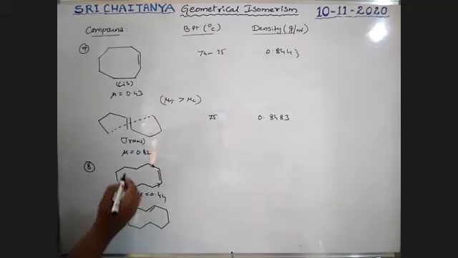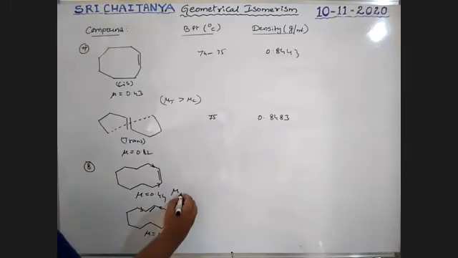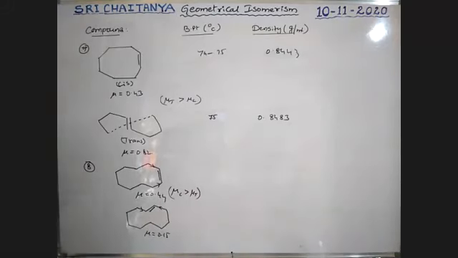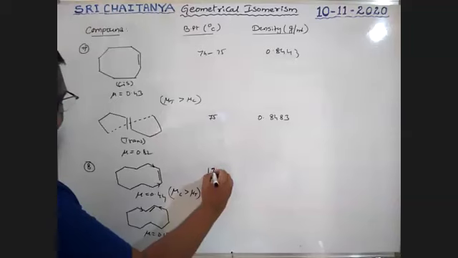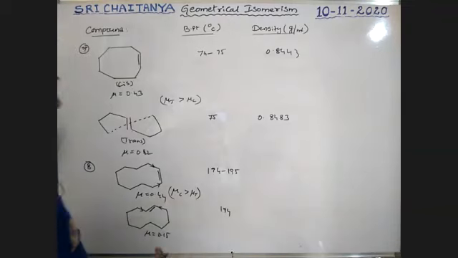This is a trans, boys. In this direction is the dipole moment condition. Something is cancelled. Therefore, mu is equal to 0.15. So here mu cis is greater than mu trans. Its value is 194 or 195 roughly. Both these have the same boiling points.